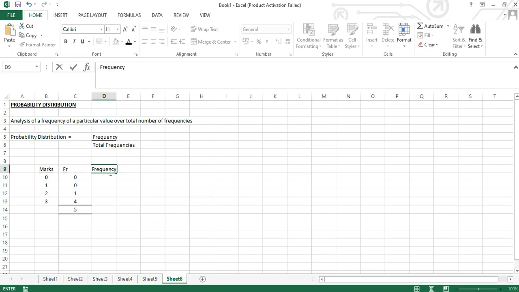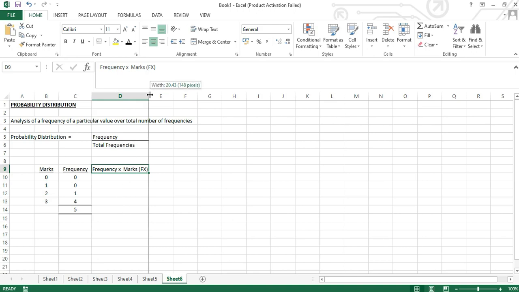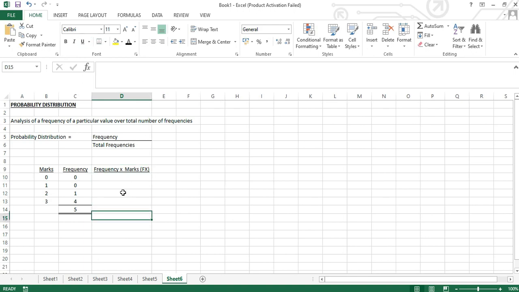That means the total of all the students' marks. Frequency multiplied by the marks, which is basically Fx. I hope you all remember this from the 7th chapter. So Fx is 0 into 0, multiply, get the answer. But sorry, this is the addition of 40.